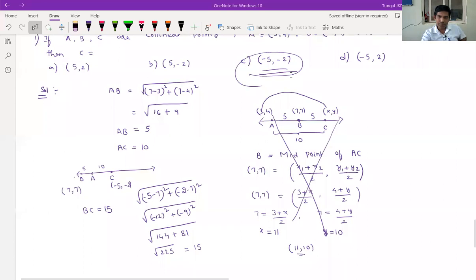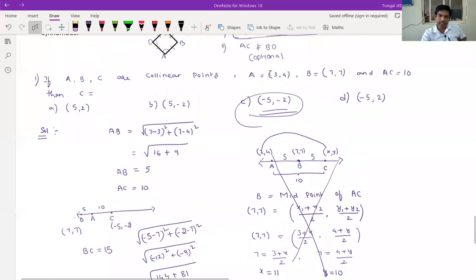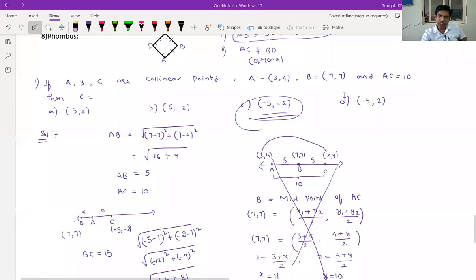Once again, tell me, sir. Right. So here the AB distance we calculated from the given 2 points. The AC distance is given. Now the 3 points are collinear. That's why I considered the positions as first point B, second point A, third point C. So BA or AB distance is 5, AC distance is 10.